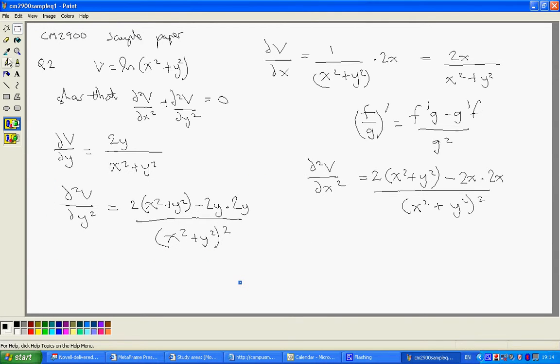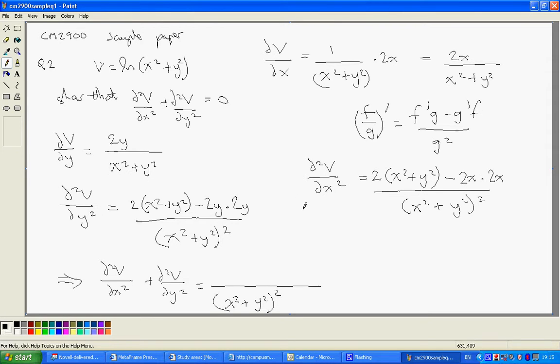So we have the sum of these two is therefore given by, well, we've got the same denominator in both cases, and if that's the case, all we have to do is write down one denominator and simply add the numerators together.